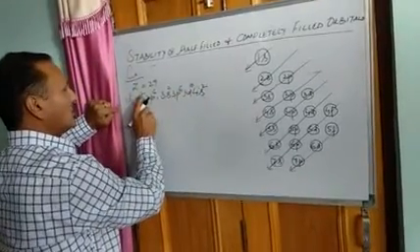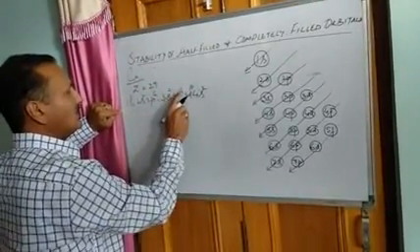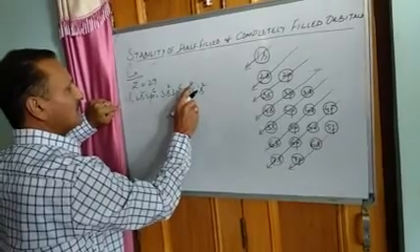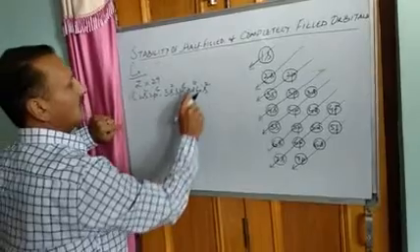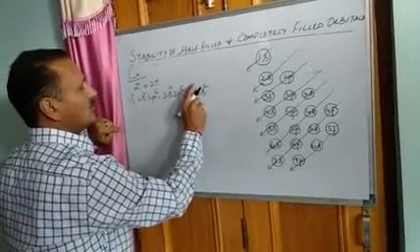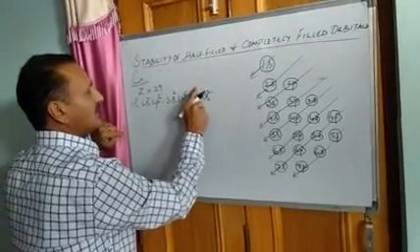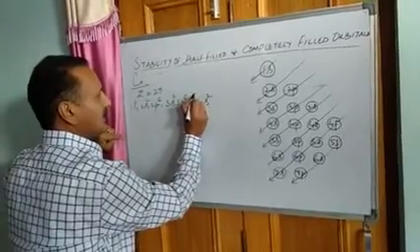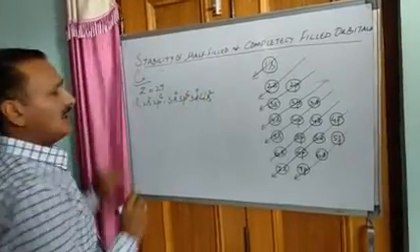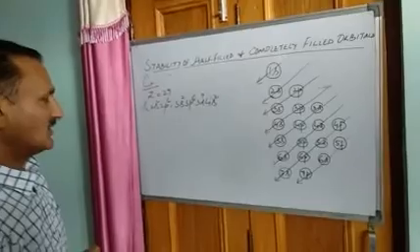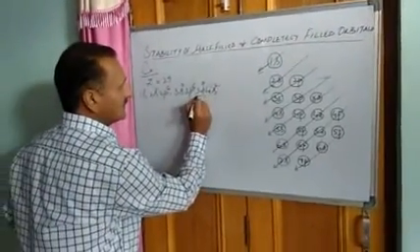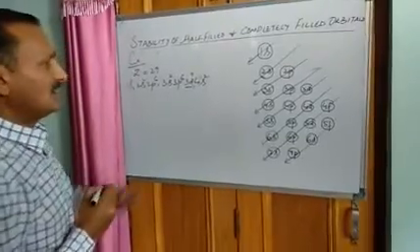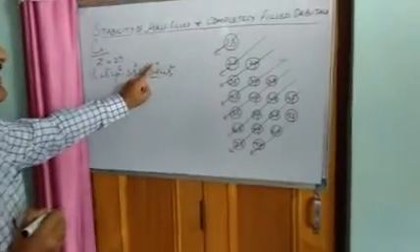2 plus 2 is 4, 10, 12, 18, 18 plus 10 is 28, 30. So I need to put only 9 electrons here, not 10, so that I get 29 electrons. Now here again, this 3d orbital has how many electrons? 9.